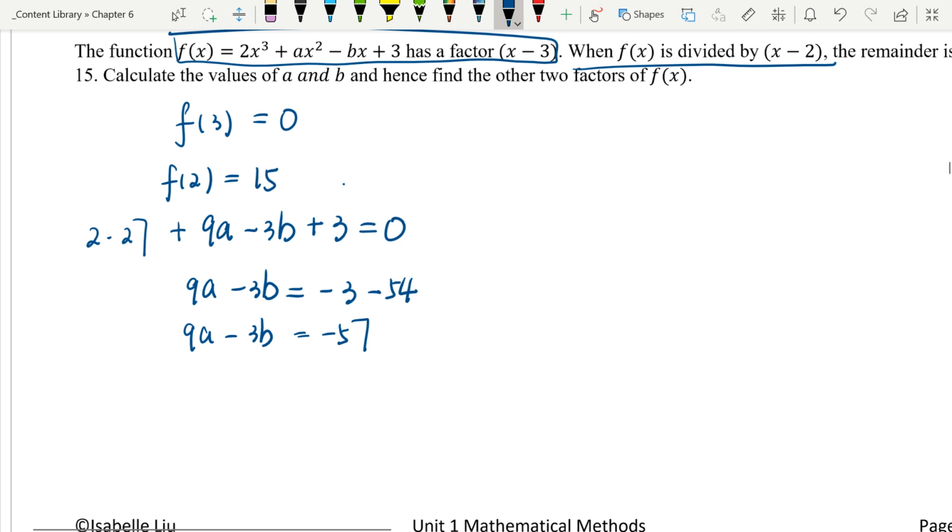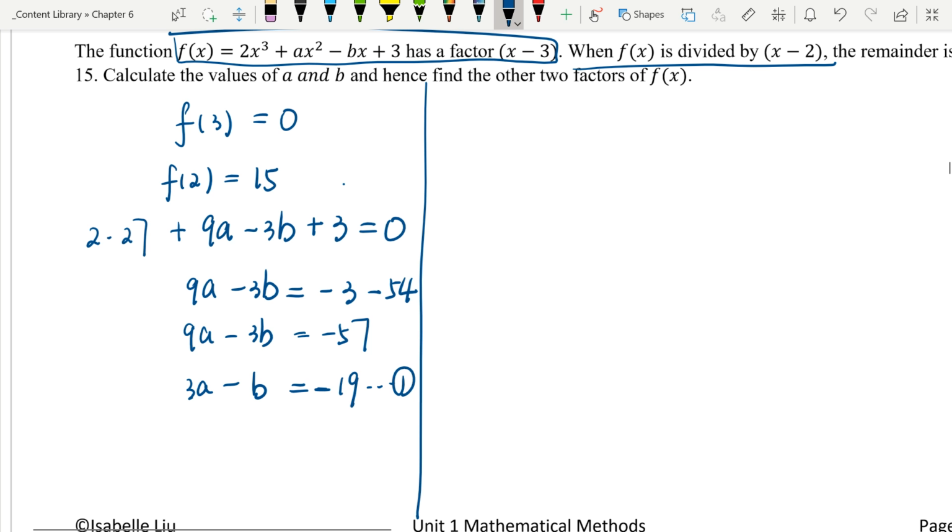I'm just simplifying that. Divide by 3 on everything: 3a minus b equals minus 19. Okay, that's the first equation.